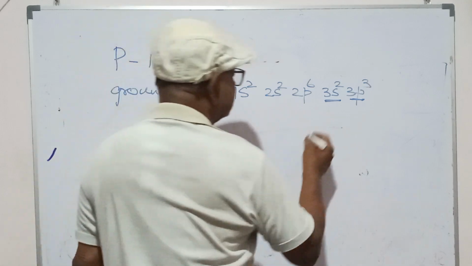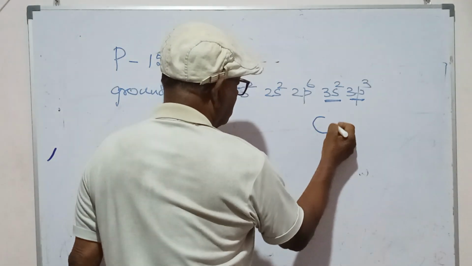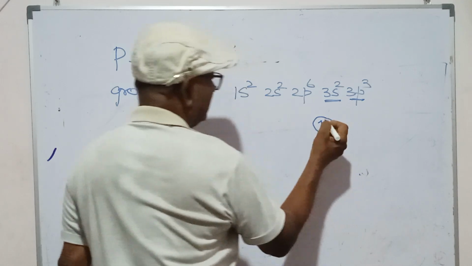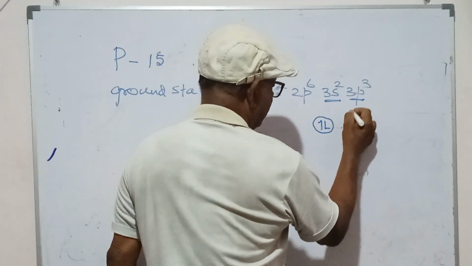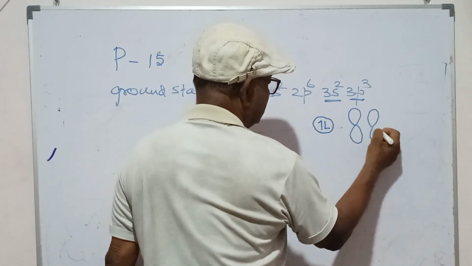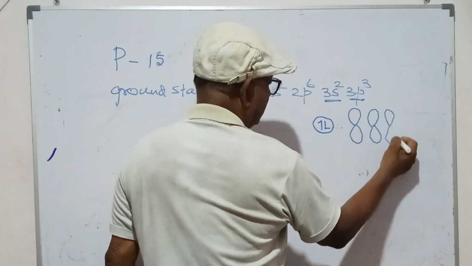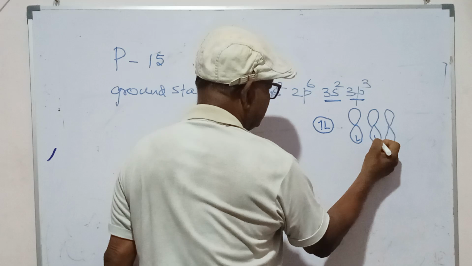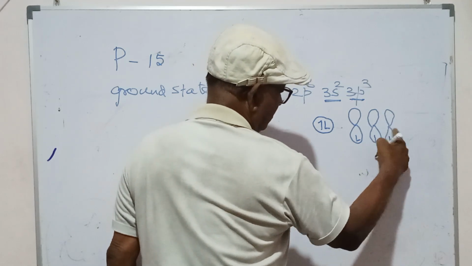According to that configuration, the 3s2 spherical orbital is filled, and 3p3 is three dumbbell shaped orbitals, having one electron in each. That's all.